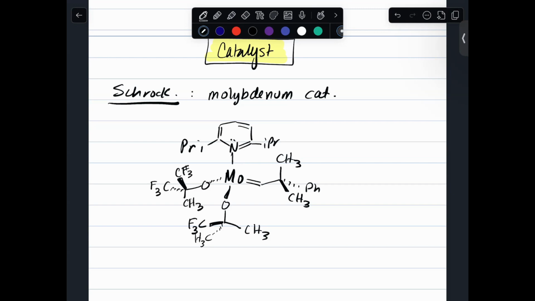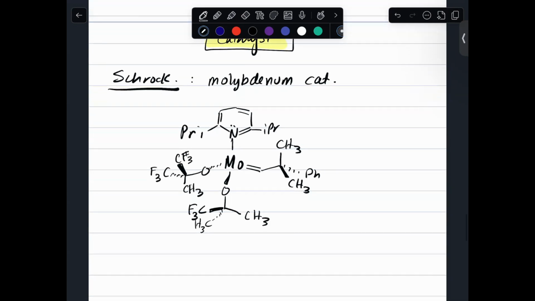And its complexity really tells you how much time they took to develop this catalyst. You wouldn't think of adding all of these groups or why these groups would be necessary. But this is Schrock's molybdenum catalyst. It's incredibly reactive.